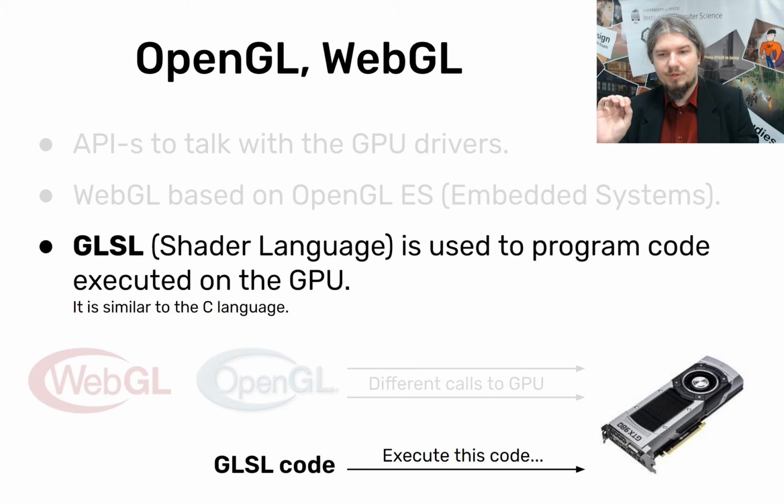Now, both of those use GLSL, the OpenGL Shading Language. And besides just the different calls you send to the GPU, you have to also send a piece of code. Actually, two pieces of code. And this code is programmed in GLSL. And it's very similar to the C language.